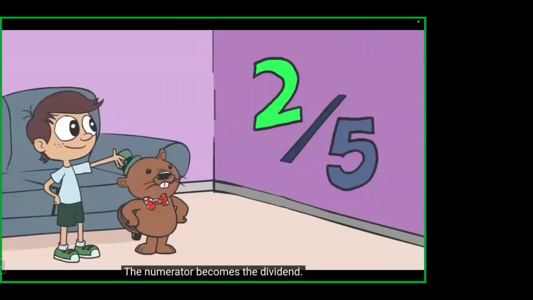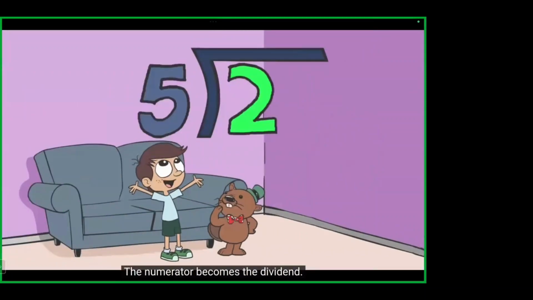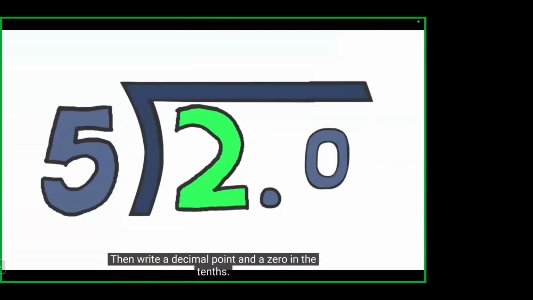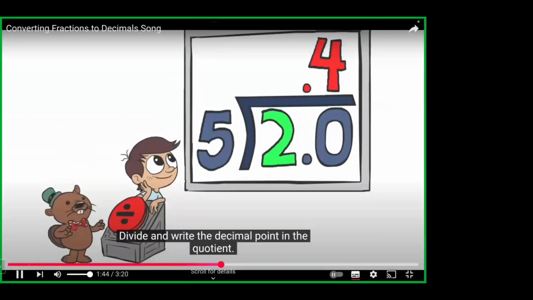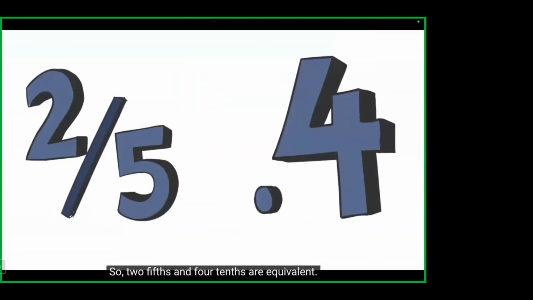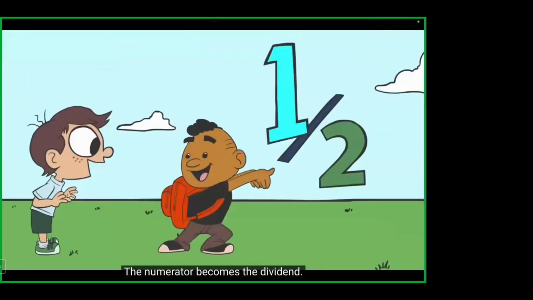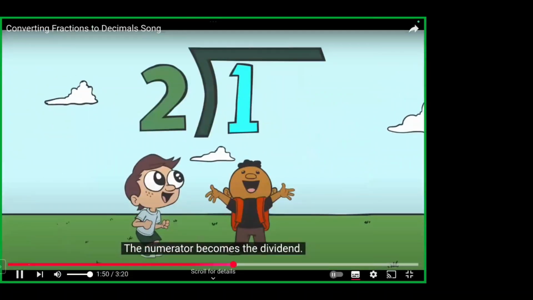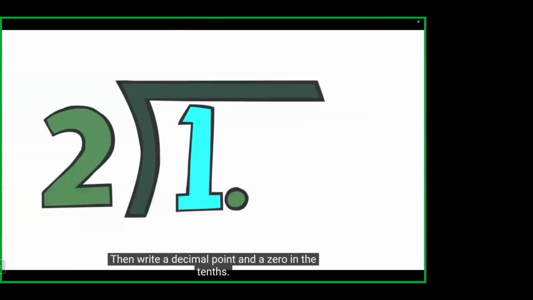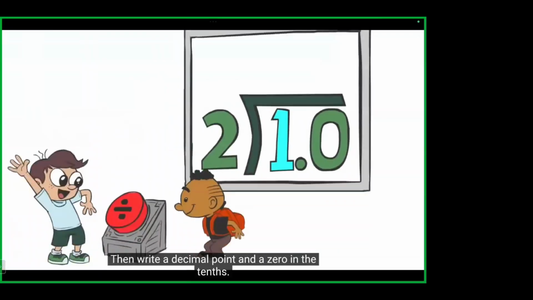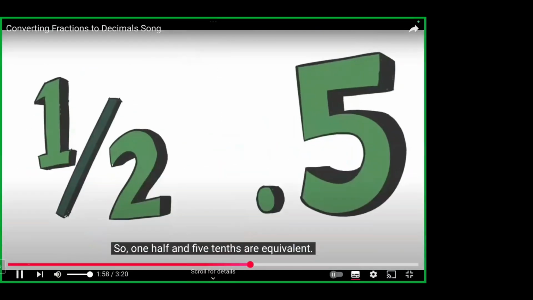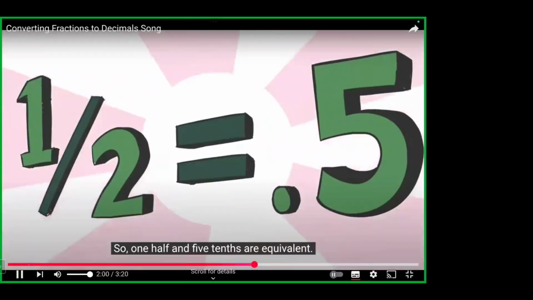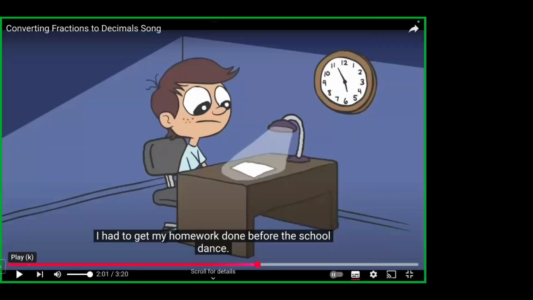The numerator becomes a dividend, and write a decimal point and a 0 in the tens. Divide and write the decimal point in the quotient, so 2/5 and 4/10 are equivalent. The numerator becomes a dividend, and write a decimal point and a 0 in the tens. Divide and write the decimal point in the quotient, so 1/2 and 5/10 are equivalent. I had to get my homework. Okay.